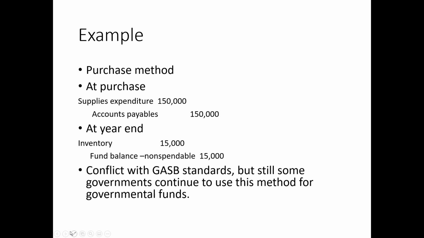First, record under the purchase method. Under the purchase method, when inventories are purchased, we record an expenditure: debit supply expenditures, credit accounts payable.